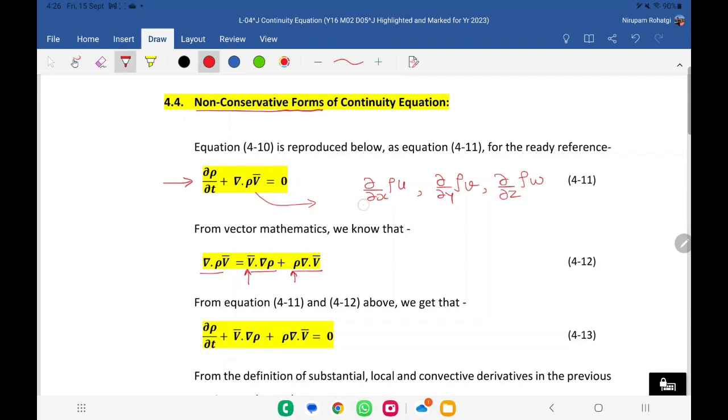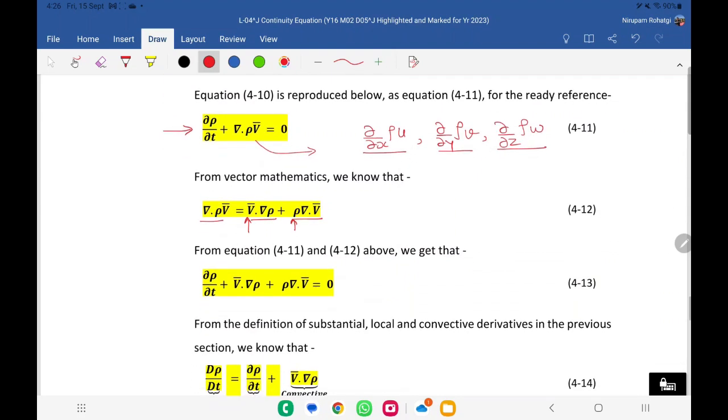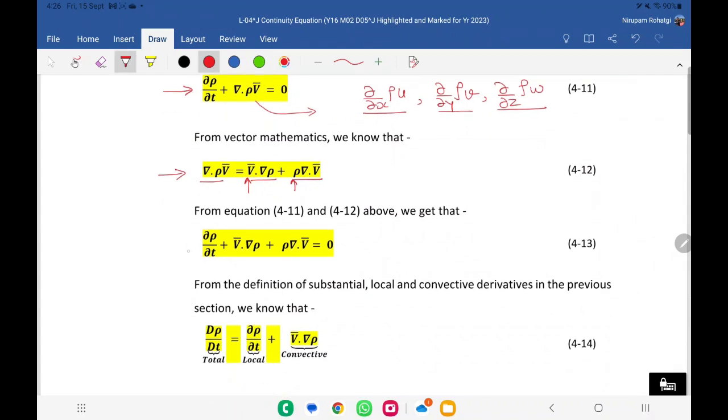And you can break each one of them separately, right? So what you will get is this. We take the original equation and replace this term by this.